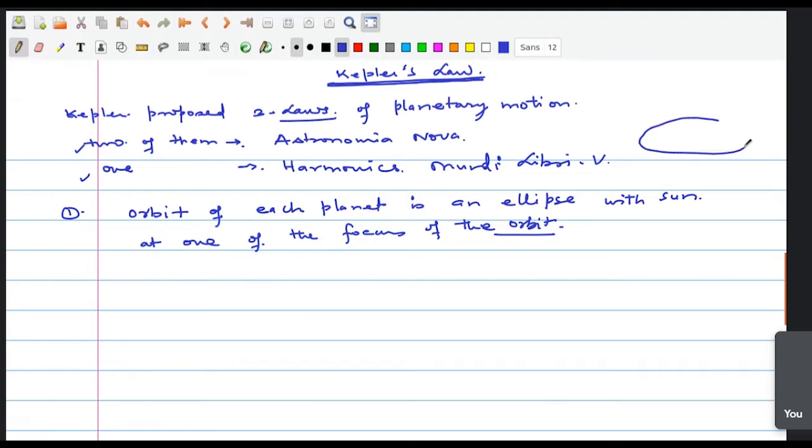That means if this is the orbit, the Sun is located here and the Earth is moving around this, and this is an ellipse.